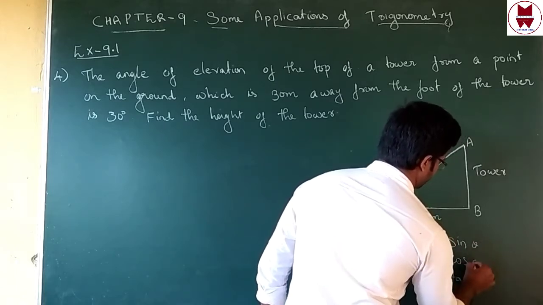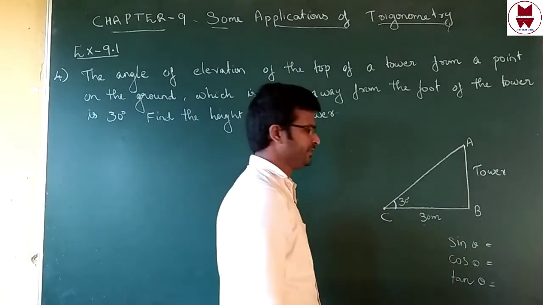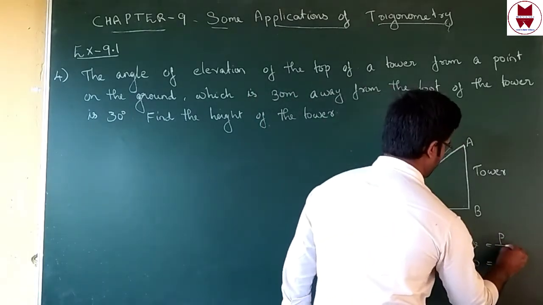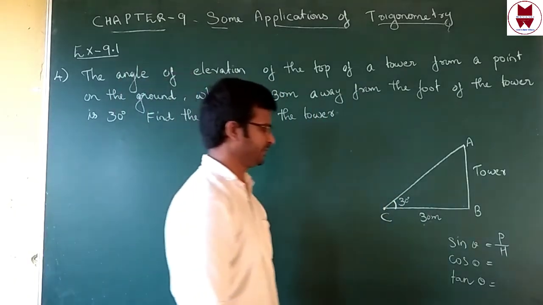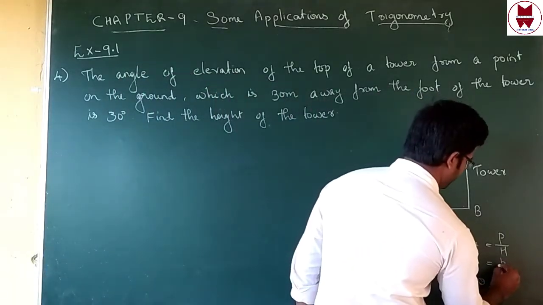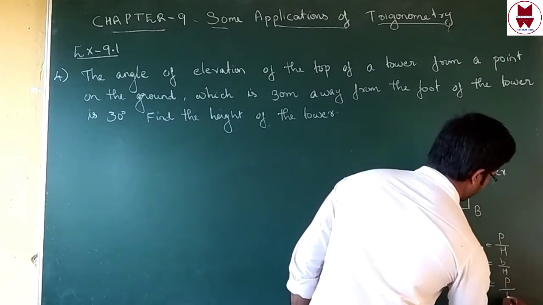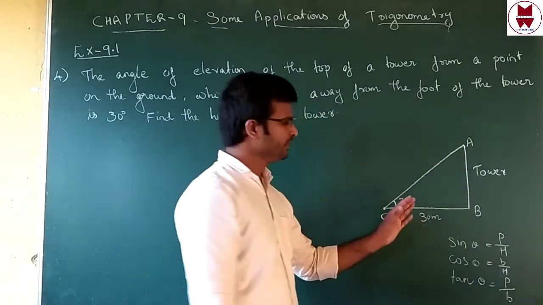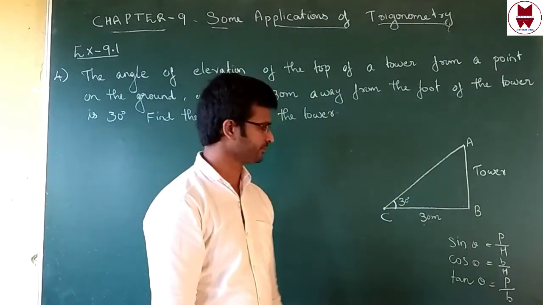We just consider theta. Sine theta means perpendicular by hypotenuse, the ratio already studied. Then cos theta means base by hypotenuse. Then tan means perpendicular by base. These 3 trigonometric ratios only we will use in this chapter.